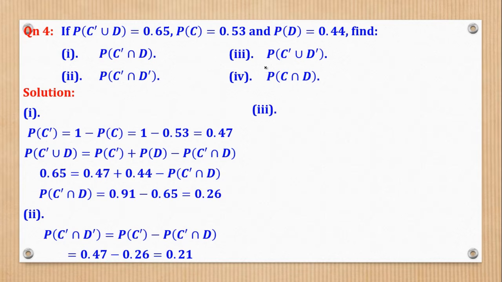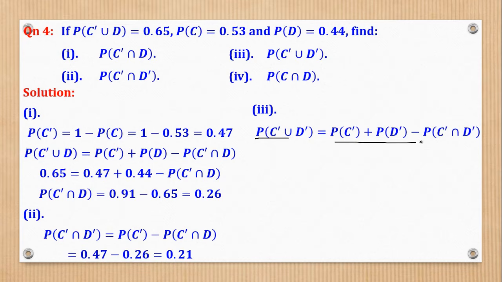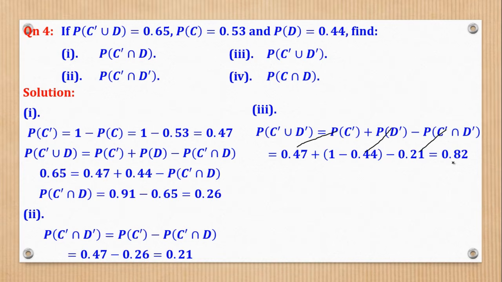Then for Roman 3, probability of C complement union D complement. I'll still expand it using the union. So this is probability of C complement plus probability of D complement minus the intersection. Therefore, I substitute for each and come up with 0.82 as the answer.